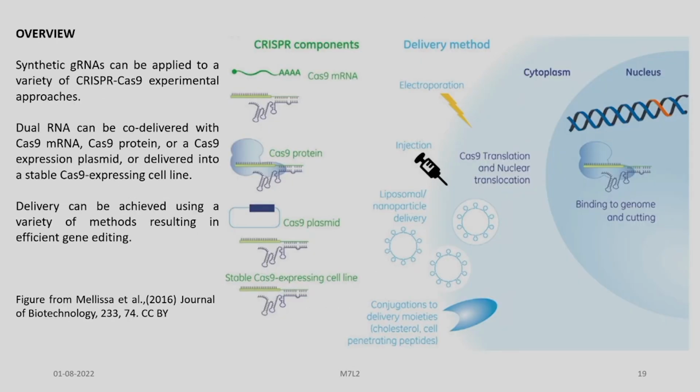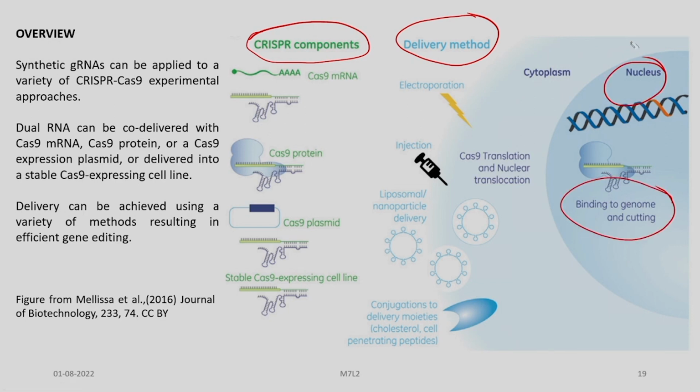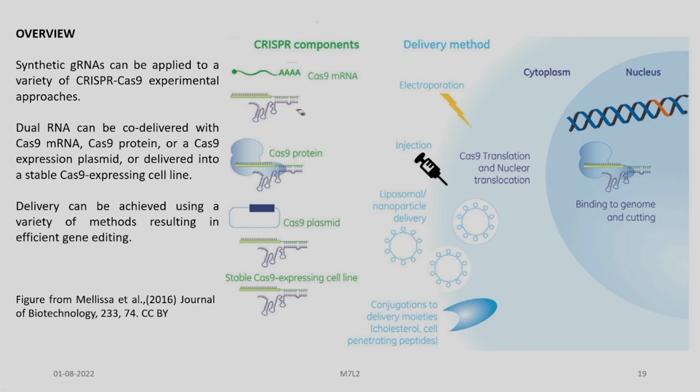So, here you can see in brief the overview of the various components and the various delivery methods, and once these are delivered, they will end up in the nucleus where they bind to the genome and carry out the desired genome editing or engineering.